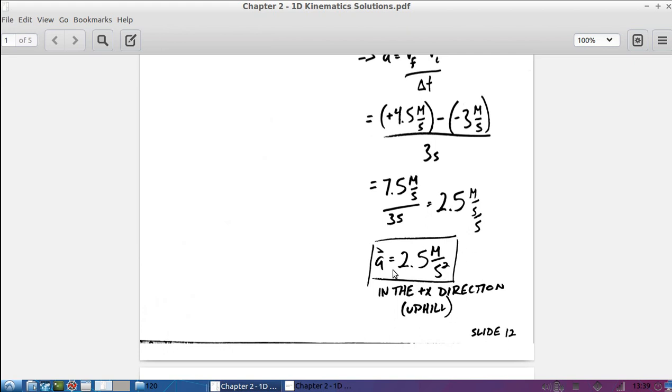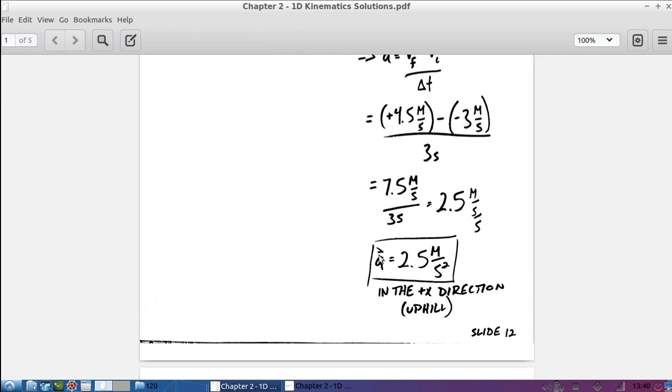Got nice units. I've got a positive acceleration, and it's a reasonable acceleration for a vehicle that's originally coasting downhill and then gets started. You think of a car in first gear starting and then going up a hill. That's a reasonable acceleration for this car. So I want to describe this, right? It's got a positive sign.